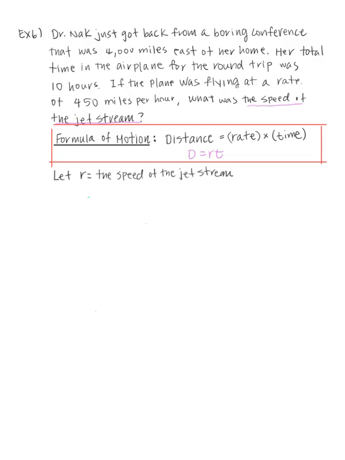Now let me draw a picture just so that I can understand better of what is going on. Okay, so since we are talking about the round trip, I'm gonna go first to the conference and then back home. Now let me draw the jet stream.